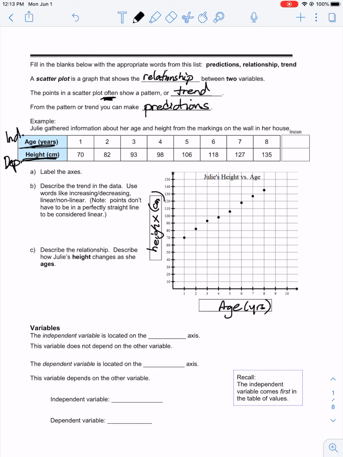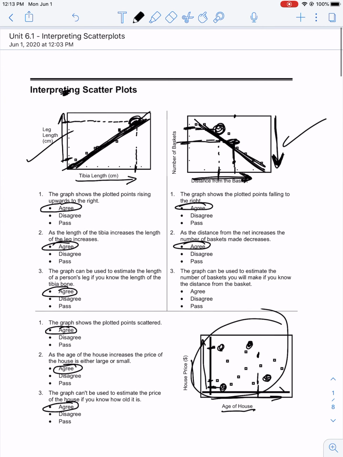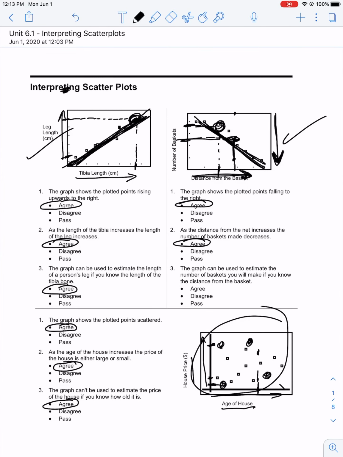Describe the trend in the data. Use words like increasing or decreasing, or words like linear or nonlinear. Note, points don't have to be in a perfectly straight line to be considered linear. I'm going to jump back to these pictures again. Notice how I didn't connect the dots with a zigzaggy line.